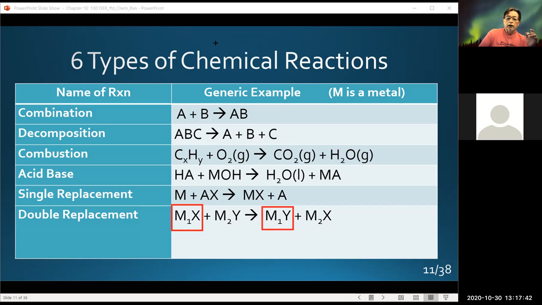With respect to the other reactant, we have M2Y that now has changed partners with M1X, and now we have M2X. Okay? So basically, the anions and the cations exchange.